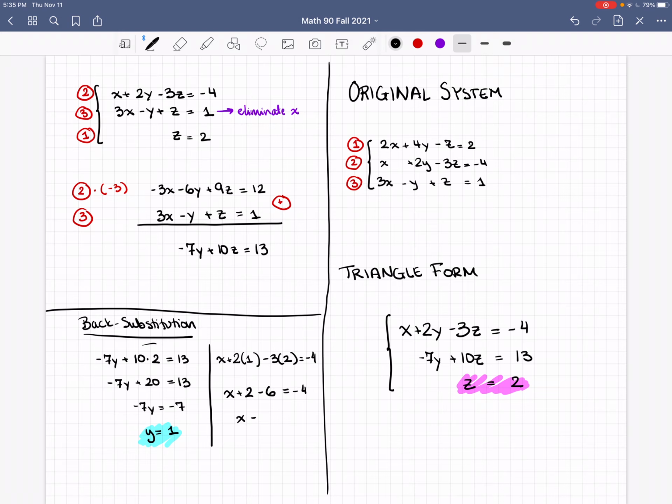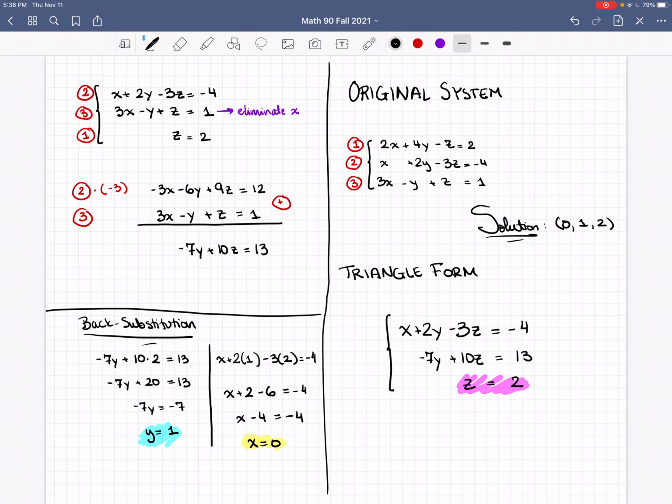So x minus 4 is equal to negative 4. We'll add 4 to both sides, and we'll get that x is 0. So the solution to this system, which we always want to take that moment at the end to write as an ordered triple, is 0, 1, 2.